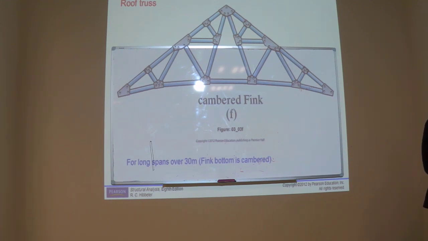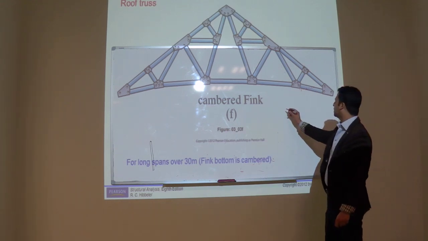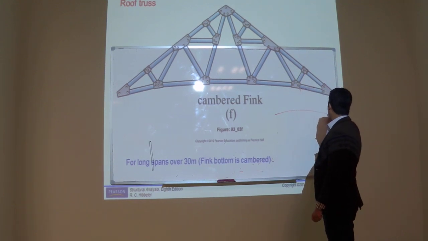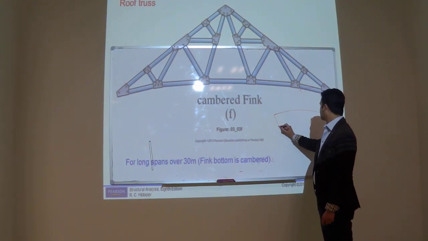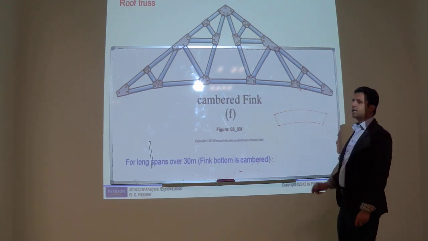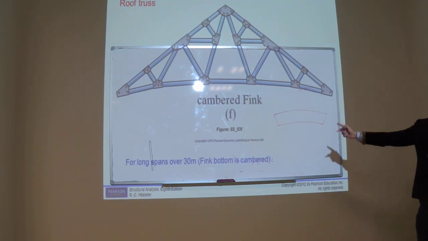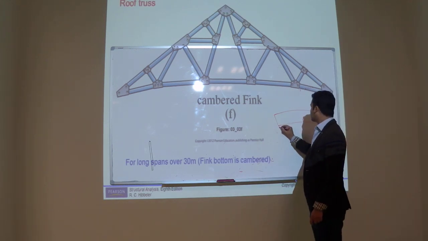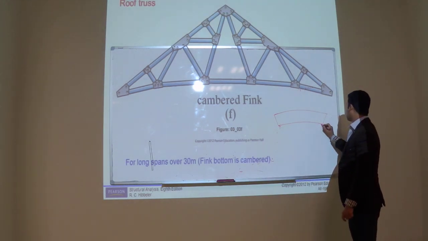But in case of trusses, the bending moment is not the dominant. But in reinforced concrete, if you see the concrete girders, we give a camber. Like this. So what is the benefit of this? If we make a beam like this and we provide a support, what will be the benefit?